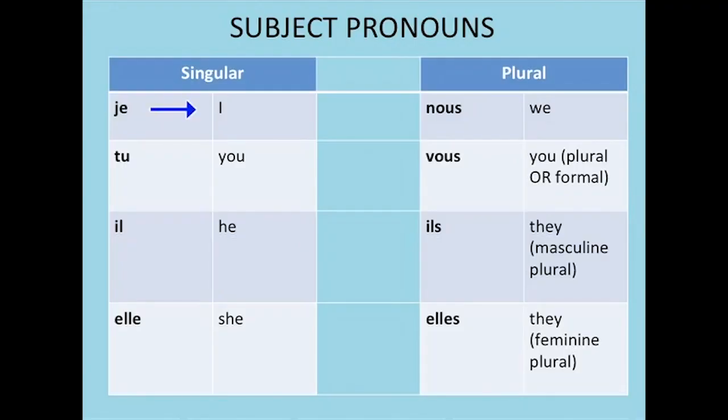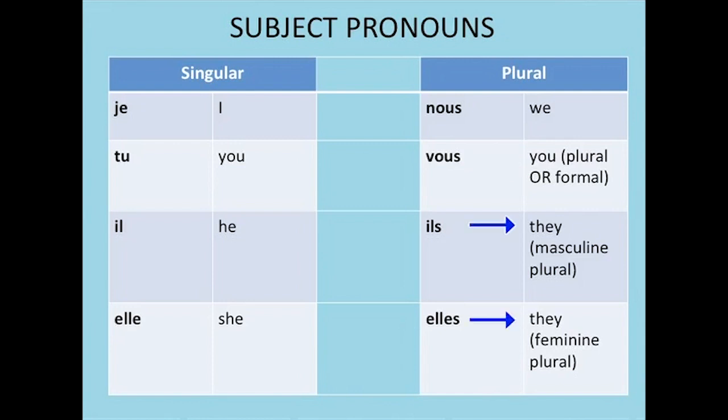Je means I, tu means you, il means he, elle means she, nous means we. Vous can have two meanings. Vous can either mean you plural, as in you all, or it can be a formal you, such as when addressing a stranger or someone older.